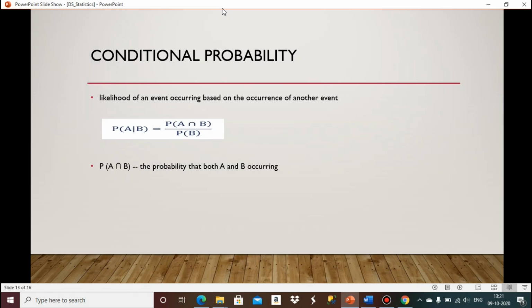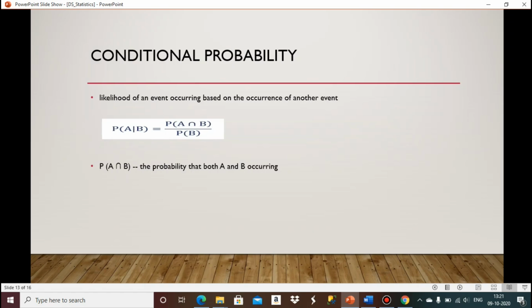We can define conditional probability with this syntax: P(A|B). This is the probability of A when event B has occurred. Based on whether event B has occurred or not, if the probability of event A changes, then it has some conditional probability.